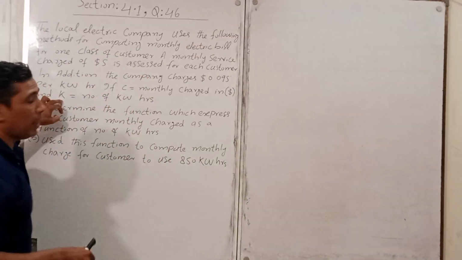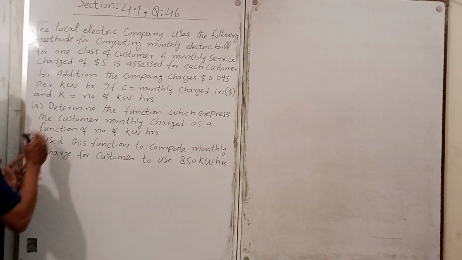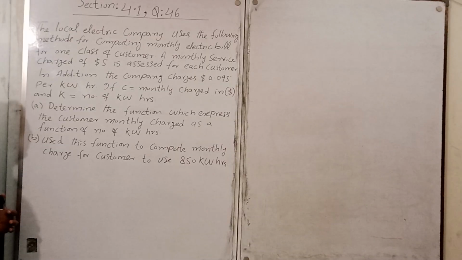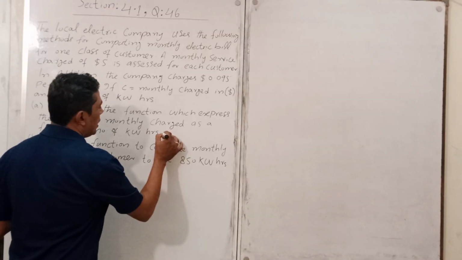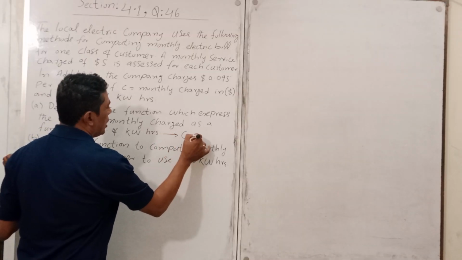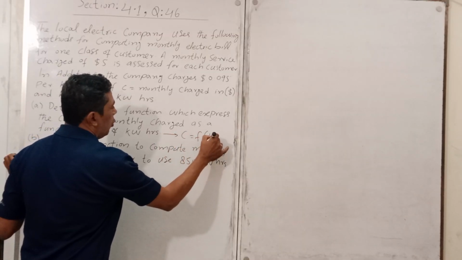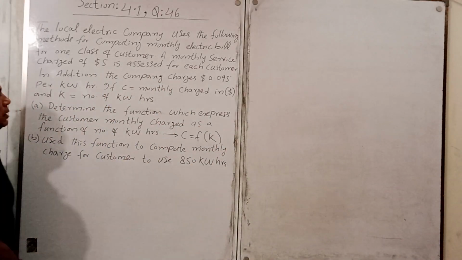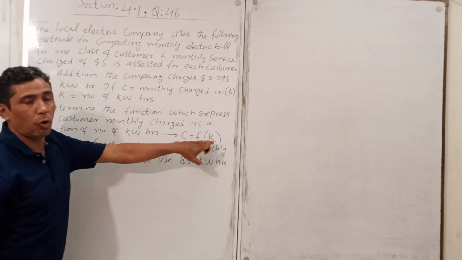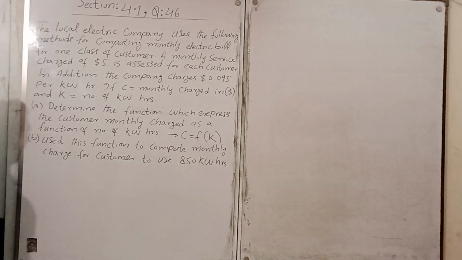The first part of this question is to determine the function which expresses the customer's monthly charge as a function of the number of kilowatt hours. So C is a function of the number of kilowatts.